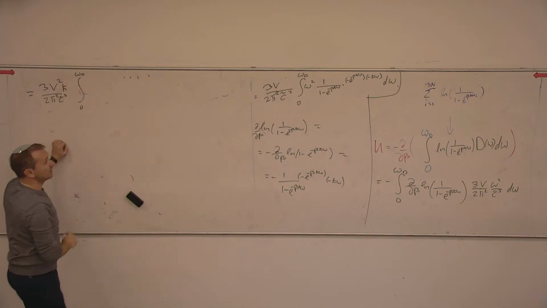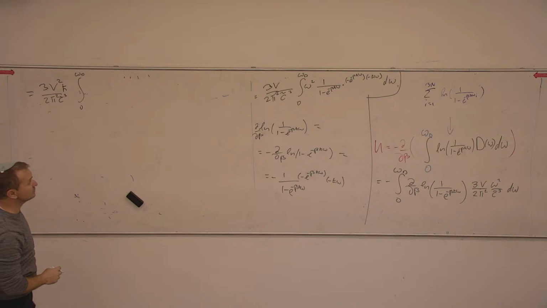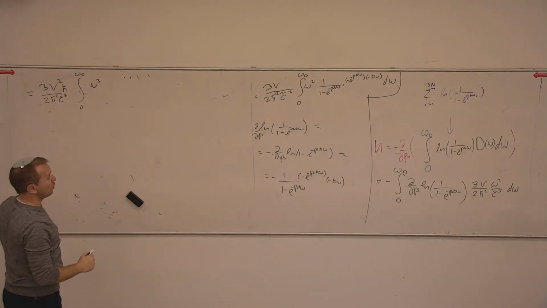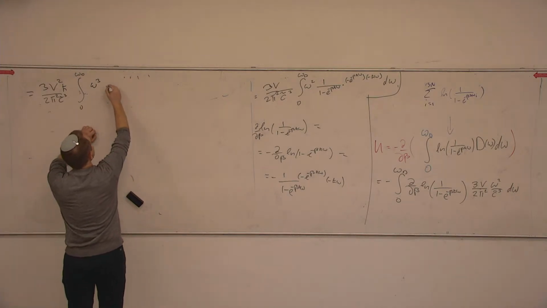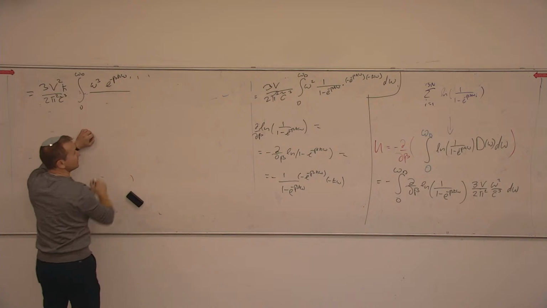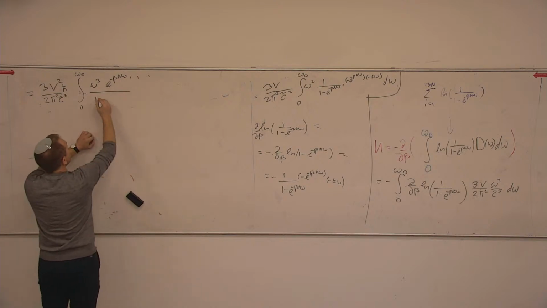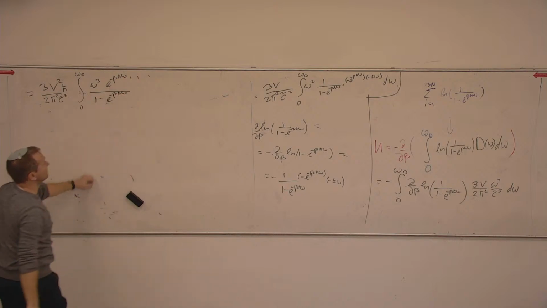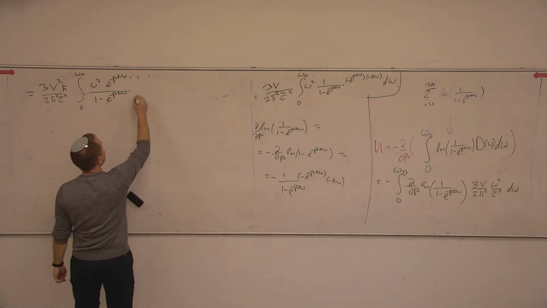Let's take h bar outside of the integral. We have omega to the third, e to the power minus beta h bar omega divided by 1 minus e to the power minus beta h bar omega, d omega.